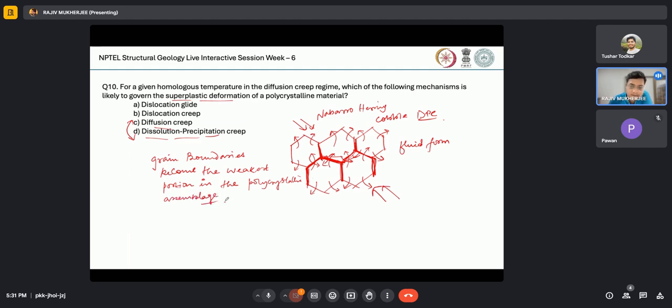So what will happen now? If you are applying the stress and there is the weakest portion, it will accommodate all the deformation. The deformation will be accommodated here.